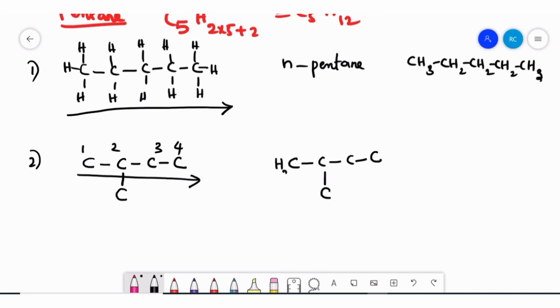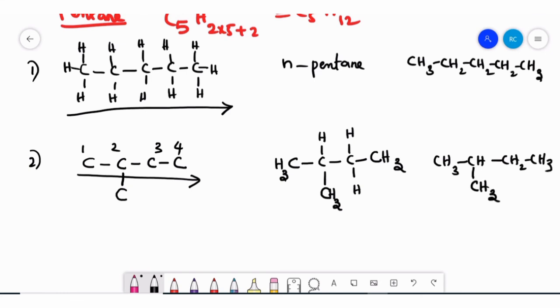Then you add hydrogen atoms: CH3 on the first carbon, only 1 hydrogen on the second carbon, 2 hydrogens on the third carbon, and 3 hydrogens on the fourth. The substituted carbon gets 3 hydrogens. So this is CH3, CH, CH2, CH3, and here you add one CH3 group.